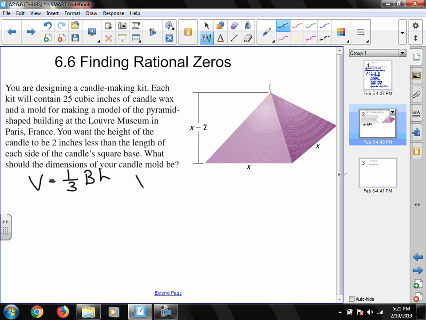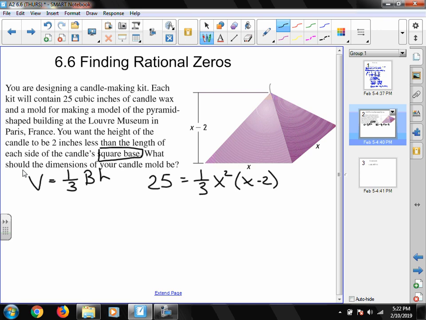They tell me my volume is 25, so 25 has to equal 1/3. They tell me this is a square base. To find the area of the square, you multiply x times x to get x squared, times the height, x minus 2.